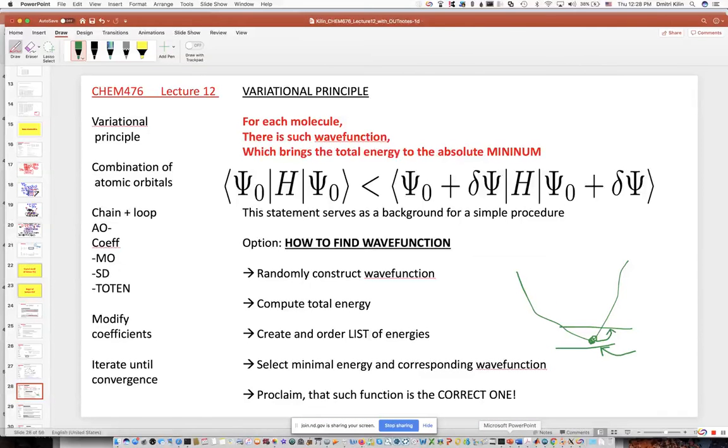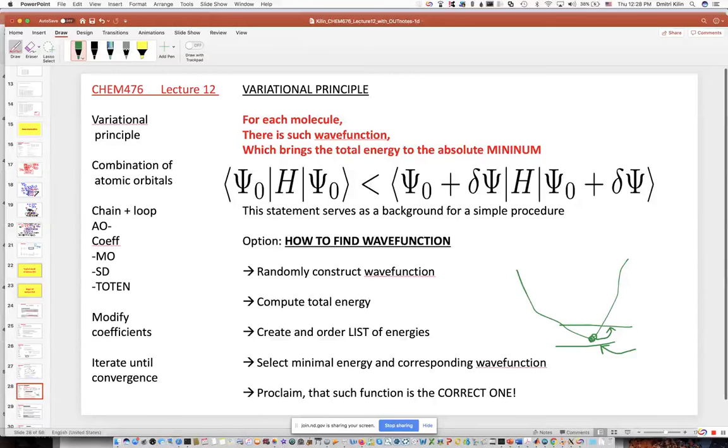So if we have an increase in the wave function, it doesn't matter whether it's complex, positive or negative, it will give a bigger total energy. And we can find the wave function just by random numbers.